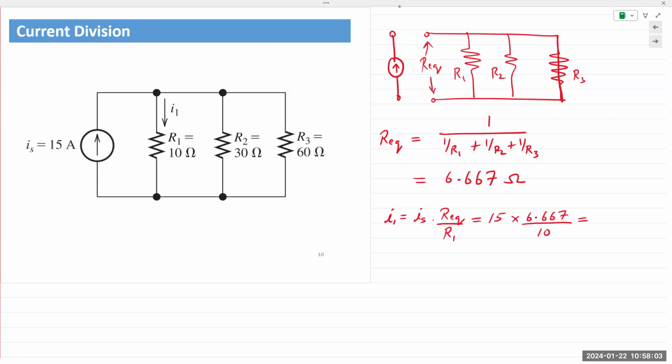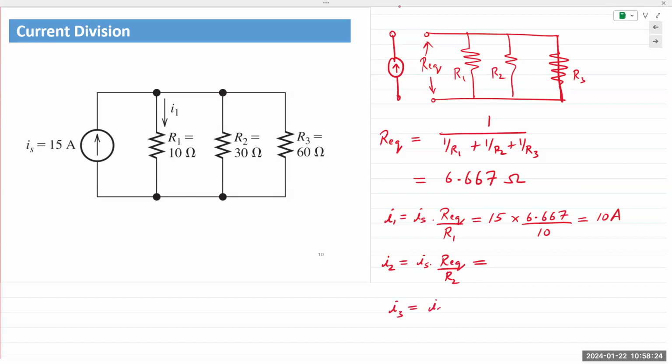What do we have? 10 amps, which is a huge amount of current, by the way. IS times REQ over R2. What do we get for this?